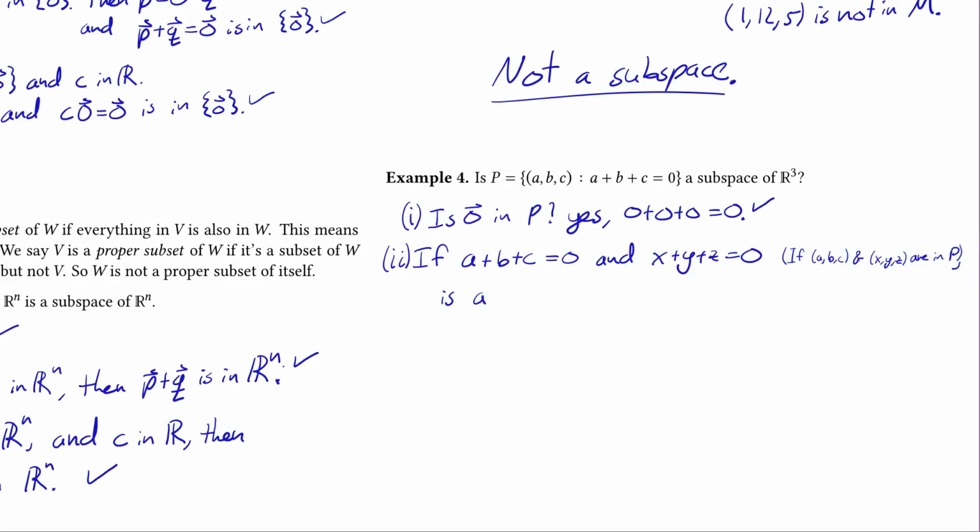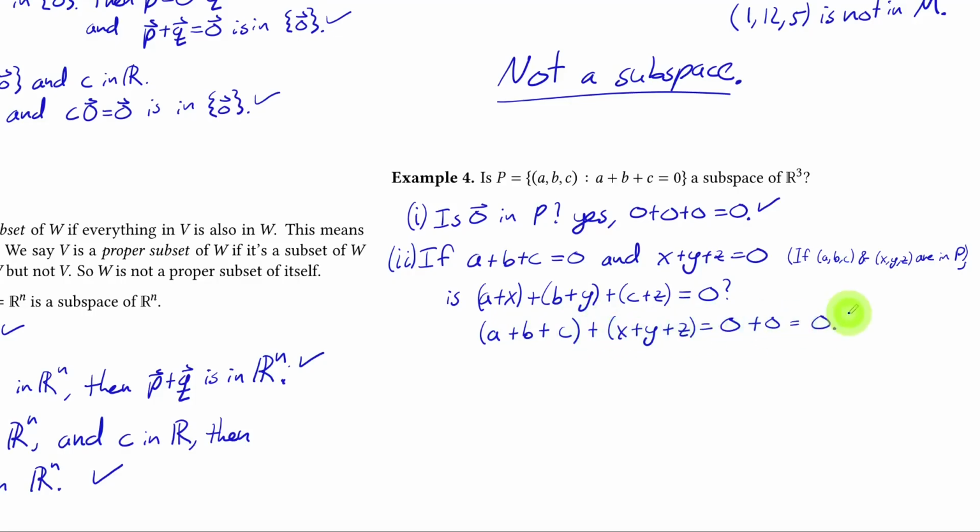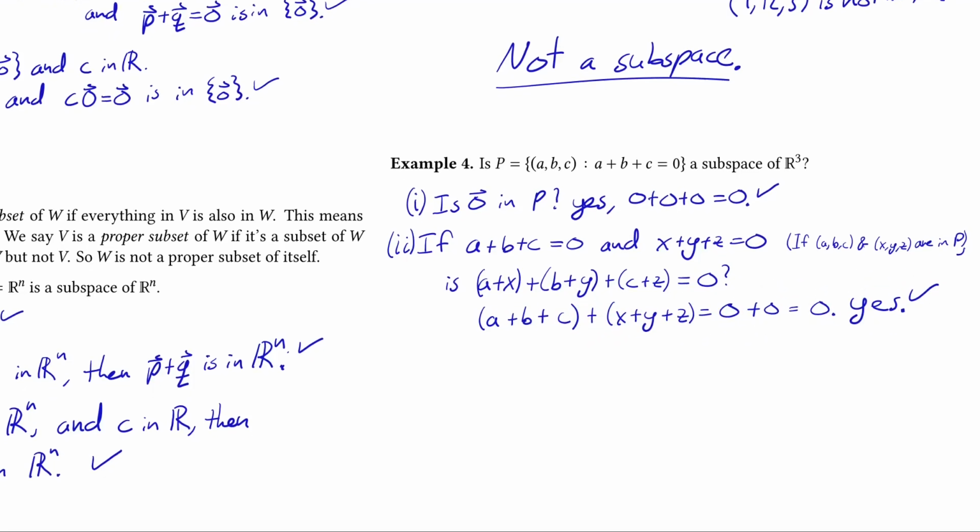And their sum has components a plus x and b plus y and c plus z. And the answer to that is yes, because you could just rearrange the terms. So it is closed under vector addition.